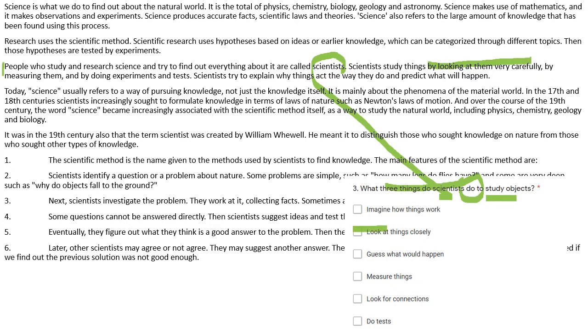So, look at things closely. Looking at things carefully, closely, this is the same idea. By measuring them. So measuring them is here. And by doing experiments and tests. So do tests. So the three answers you needed were look at things closely, measure things, do tests. I will go and check your marks before I add them onto my spreadsheet.